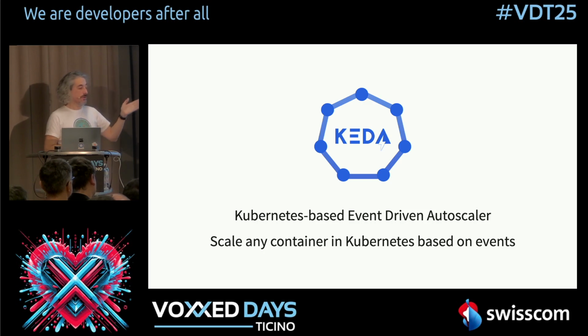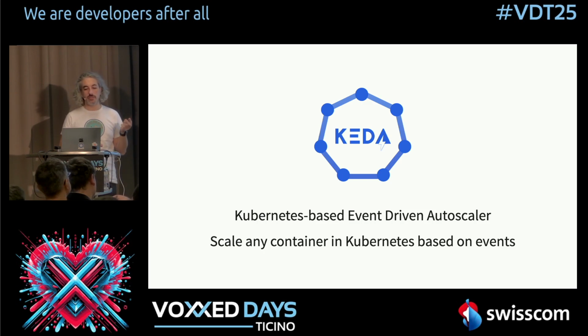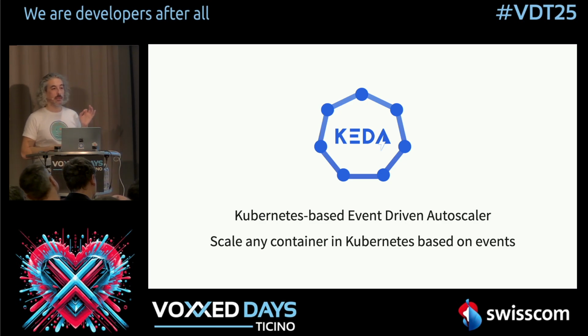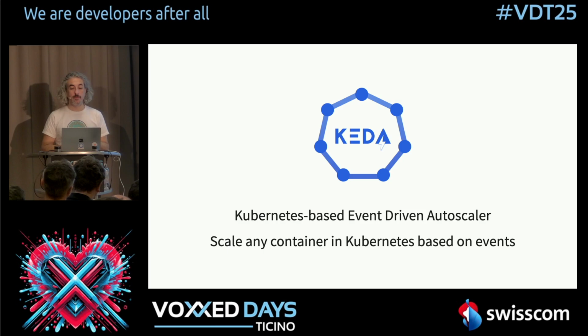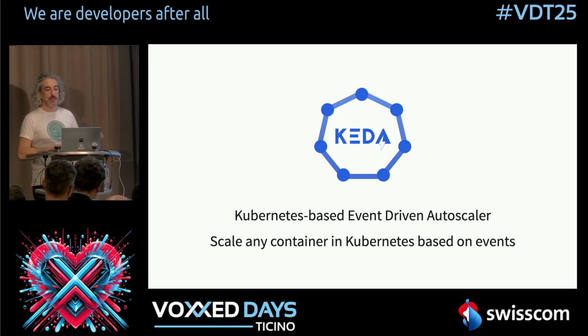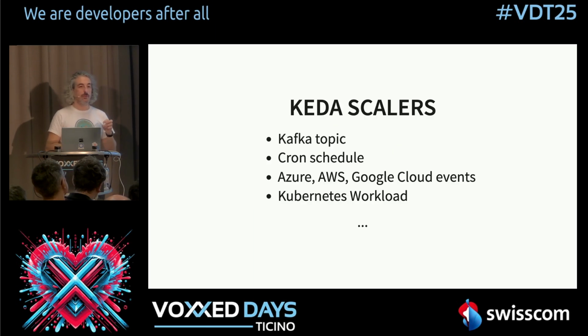This was implemented some time ago, but today you have KEDA. It's the Kubernetes event-driven autoscaler, and you can scale any deployment in Kubernetes based on events. If I were to re-implement this today, I would use KEDA. Actually, we're looking at KEDA to re-implement it. KEDA can scale based on messages on Kafka, cron schedule, events from your cloud provider, Google Cloud, Kubernetes workloads.